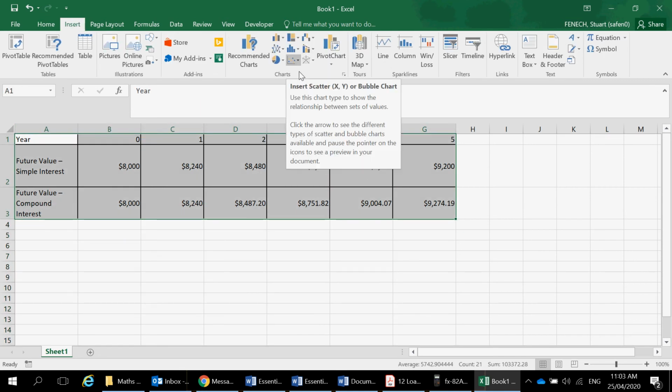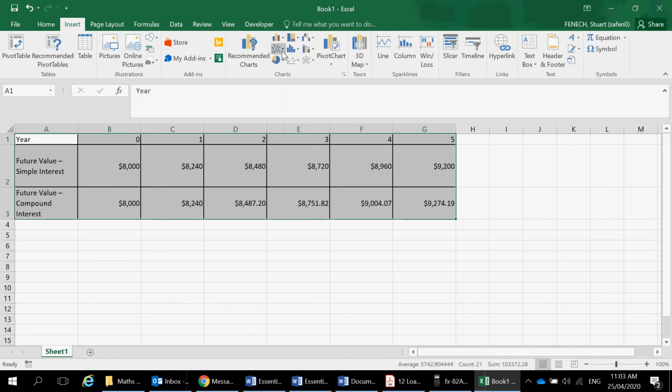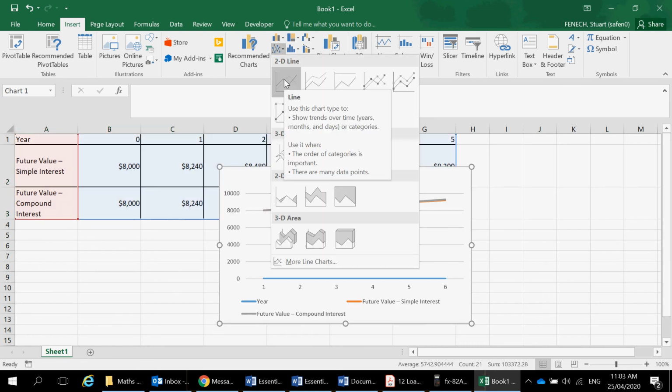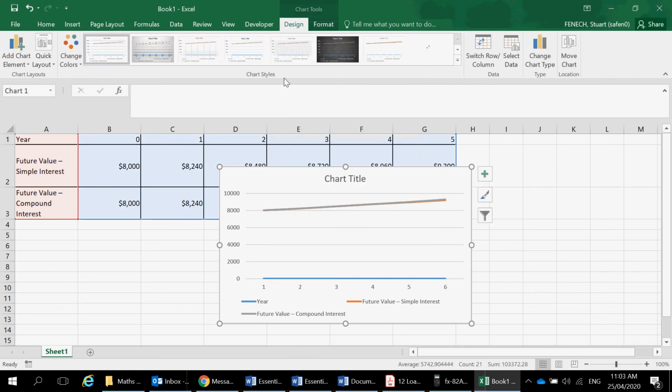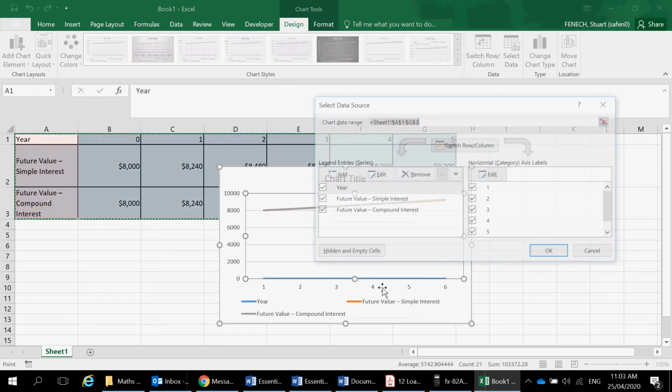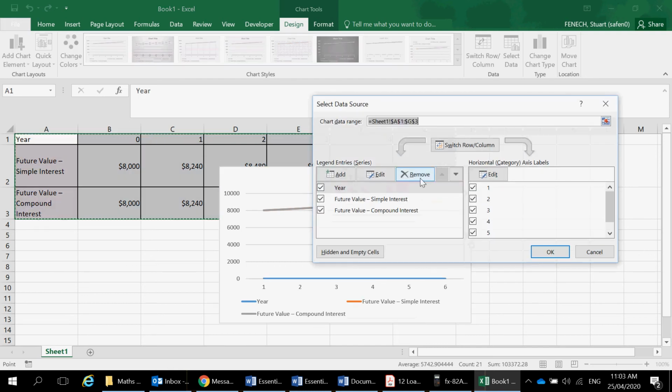So there we go. Now I highlight the data. I go Insert, and I'm going to do a line graph. Where's one that looks like a line here? That looks kind of like a line, doesn't it? What is it doing with year though? Why has it done that? I'm going to try and fix that quickly. Instead of making year the x-axis, it's made it a variable, which is just wrong.